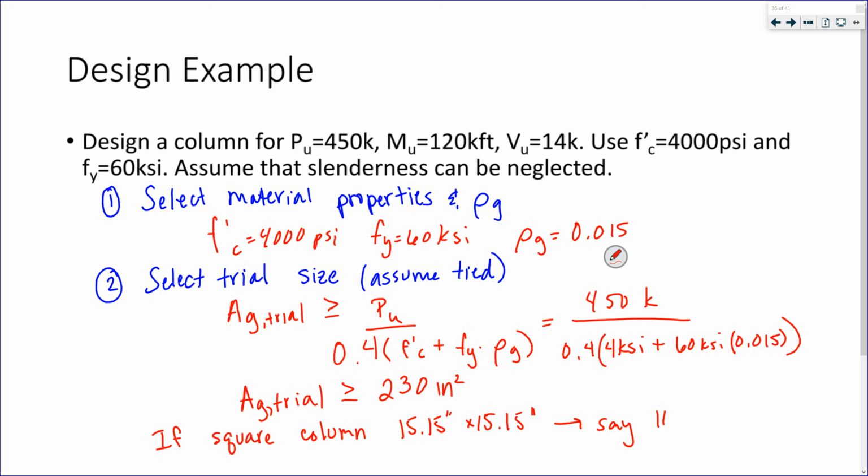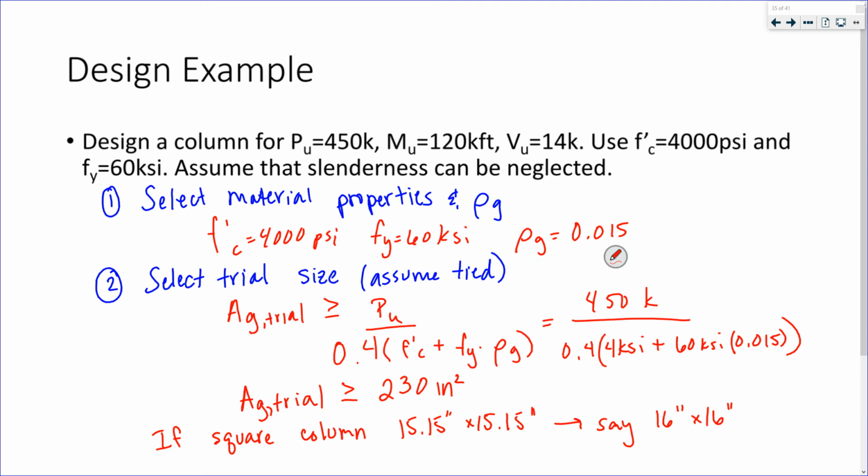Let's say a 16-inch by 16-inch column. That's just based off our material properties and our selected reinforcement ratio.